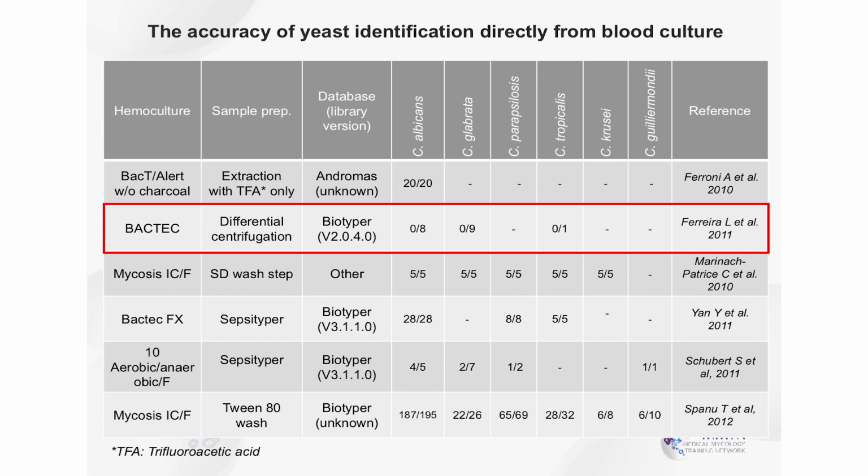Here, they use several machines and add some extra extraction process to try to help. Here you can see that after they use several species of Candida, the result is still something that needs further development.